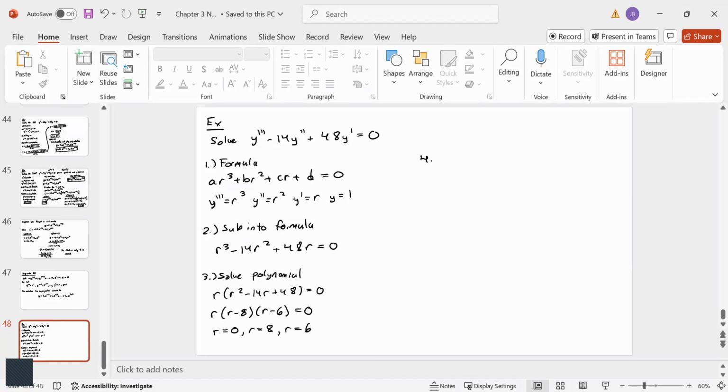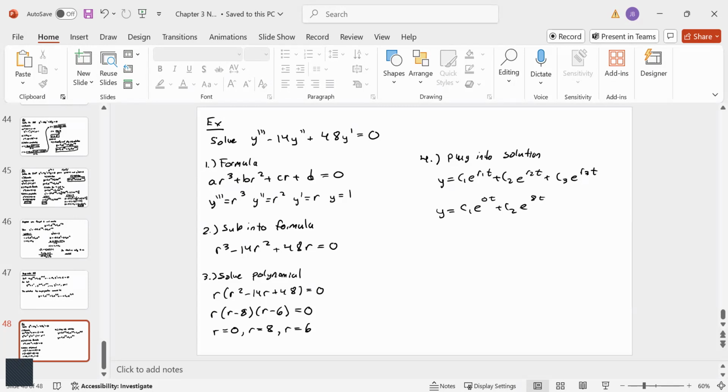And then step 4 is going to be plug into solution. So y is equal to C1 e to the R1t plus C2 e to the R2t plus C3 e to the R3t. Whenever you get r equals 0, that just means the exponential part disappears, which is not a big deal.